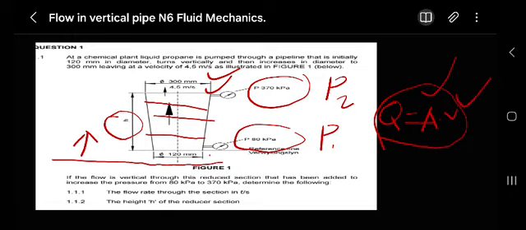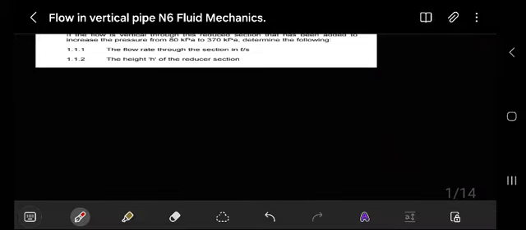Let us answer this question, 1.1.1. We want to calculate the flow rate through the section. We know that the flow rate Q is equal to area multiplied by V, which is velocity.